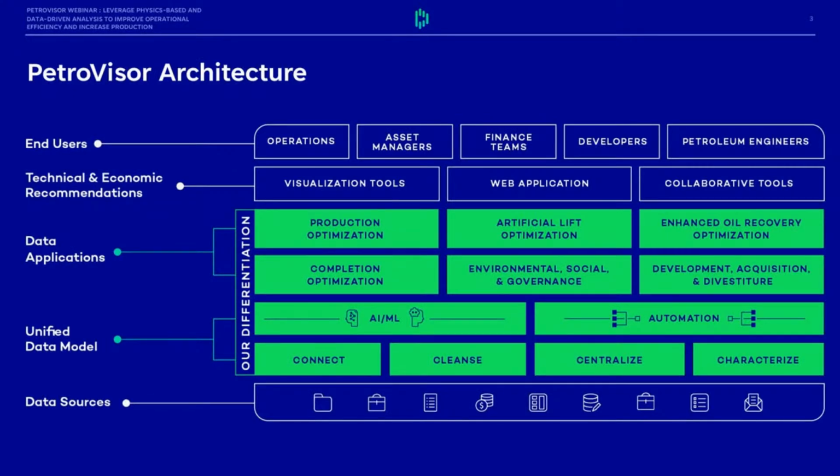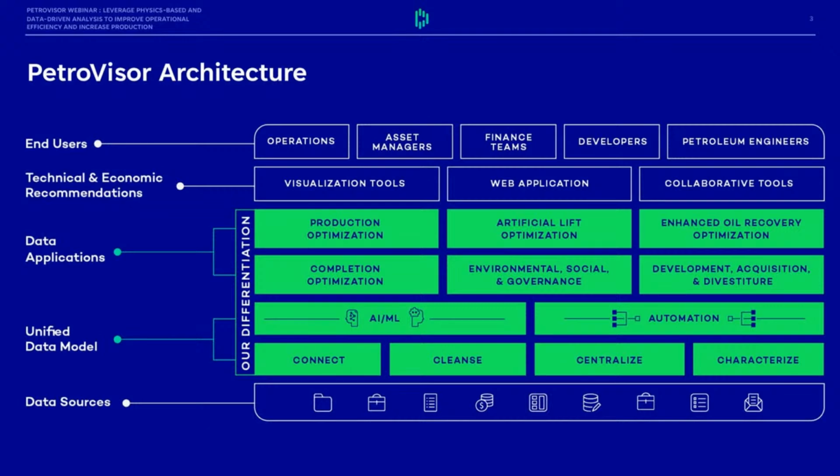The visual here shows you a high-level view of the architecture of PetroVisor's Unified Data Model, or what we call the UDM. Built on top of the UDM are the data applications. In our summer series of webinars, we've covered the Production Optimization app and Completion Optimization app, and our last webinar at the end of July covered the ESG app.